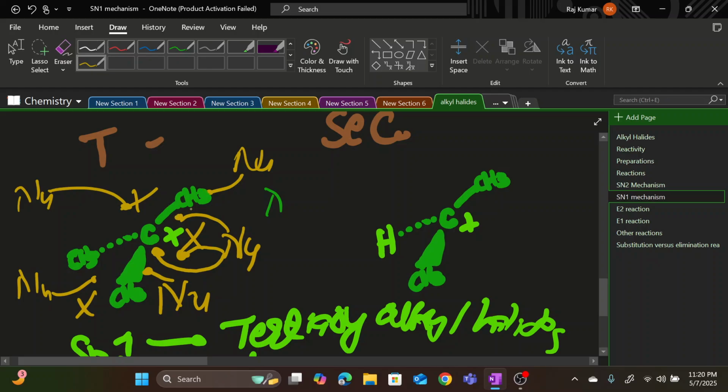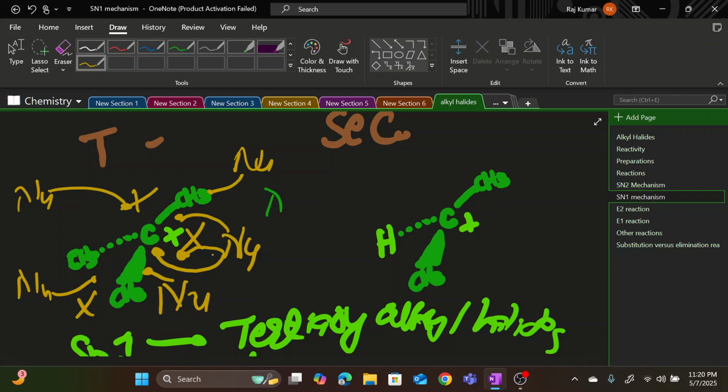So the point to understand is that whenever we have a tertiary carbocation, it has more bulky groups, which make it less reactive due to steric hindrance, and that causes the reactivity of the central carbon to decrease.